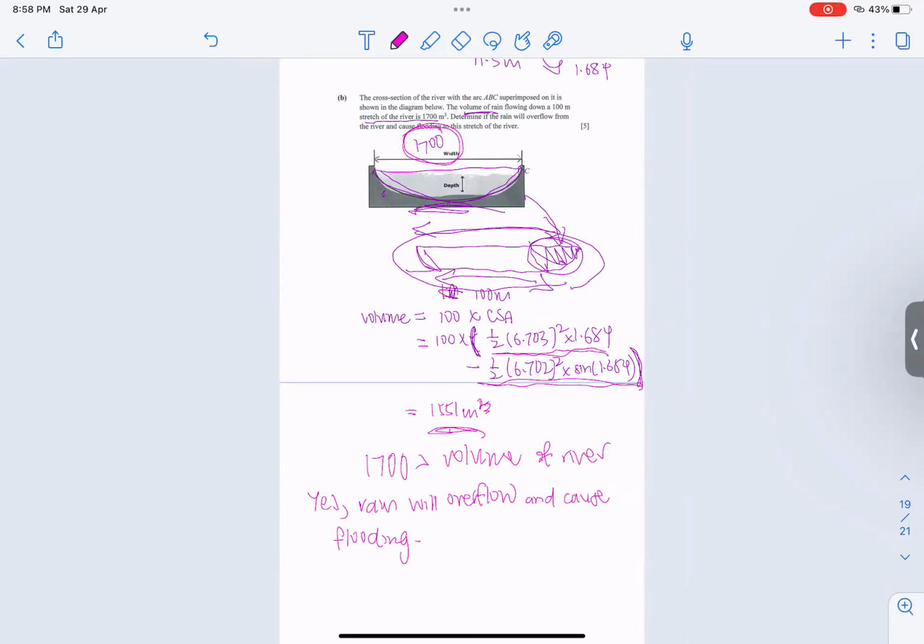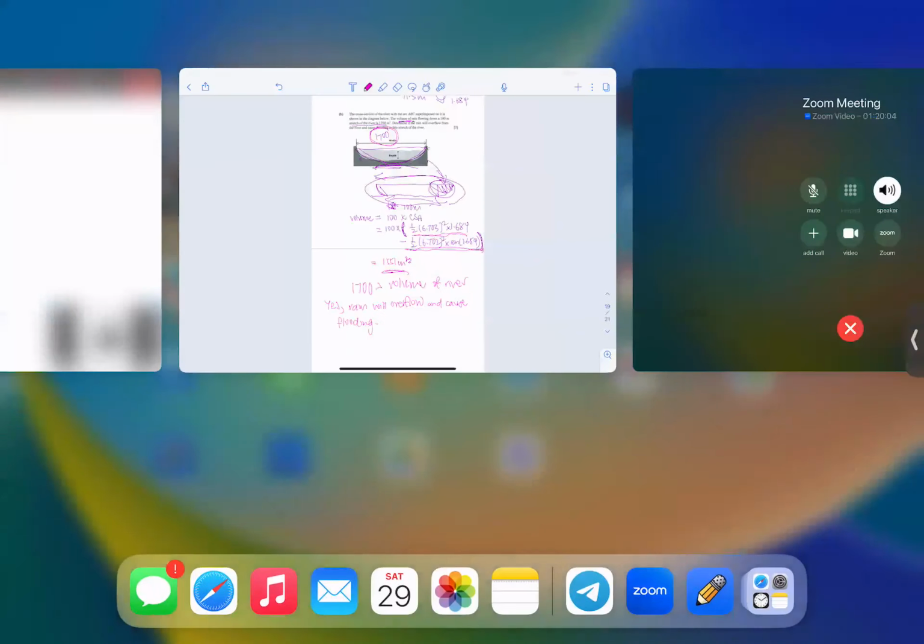And you can see this question is 5 marks. So if you don't have your foundations right, you don't know how to do the whole question, it's 5 marks gone. You all need to copy, finish already.